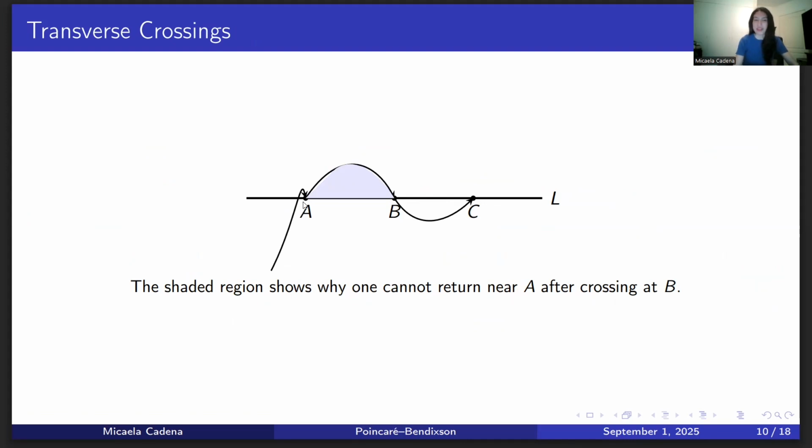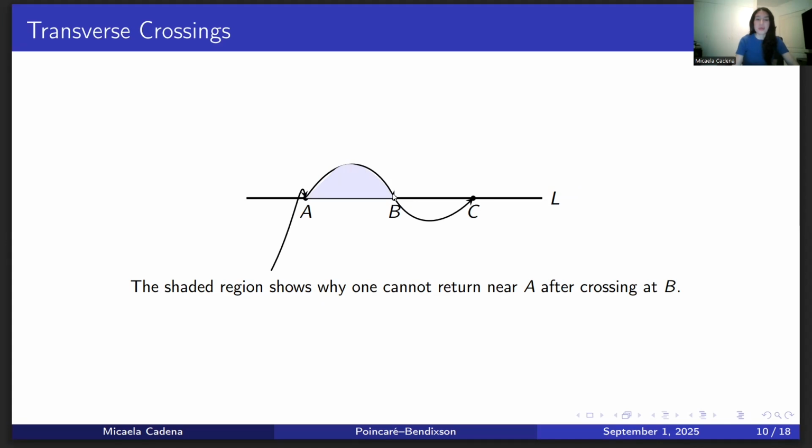Here, the line would be the orbit that goes through the point A, that crosses the segment L, and it crosses it again through B. If it were to cross it again at a point C, in order for it to be near A, it would have to go back through this path between A and B, here through this curve, which is not possible thanks to uniqueness.